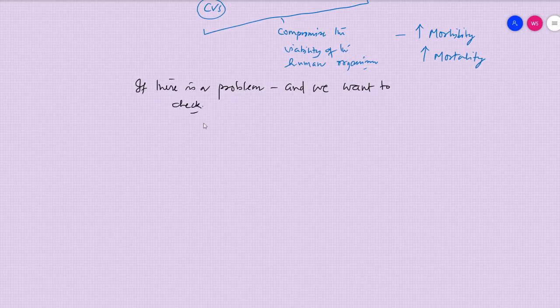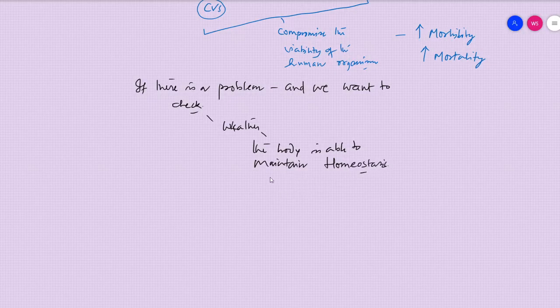We want to check whether the body is able to maintain homeostasis.